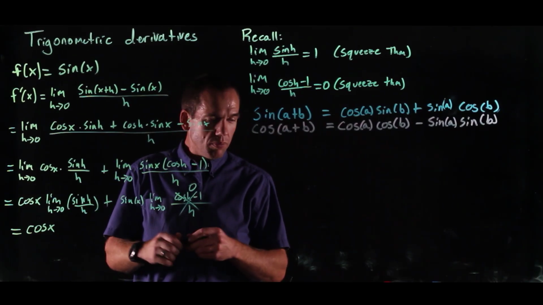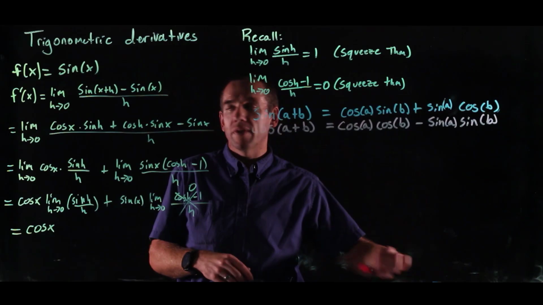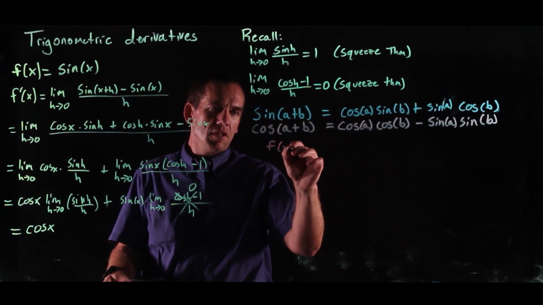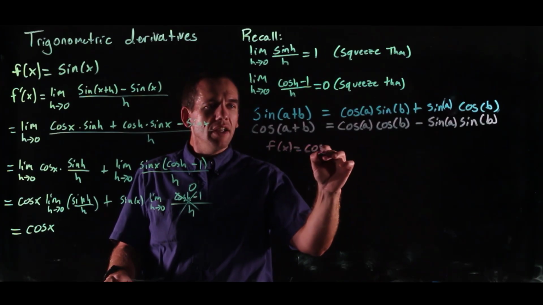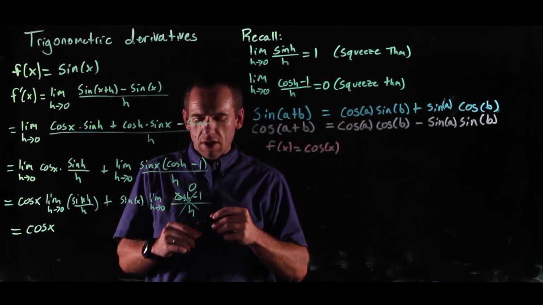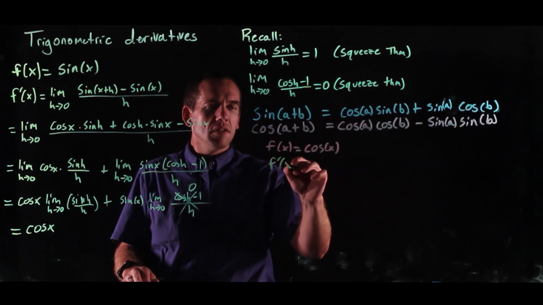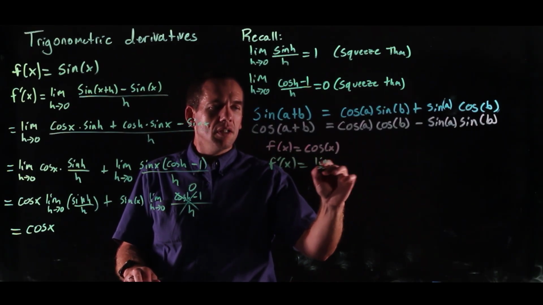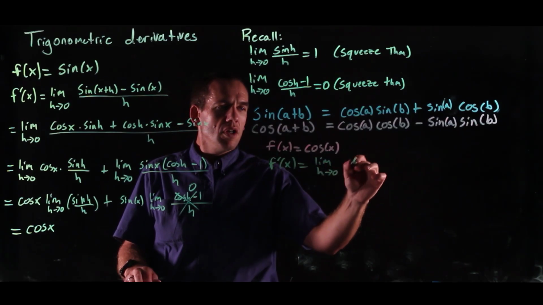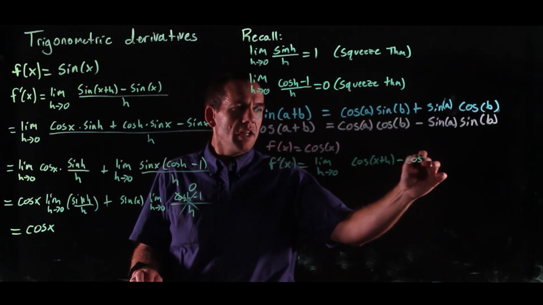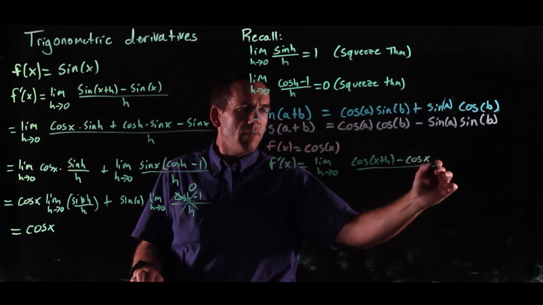We can use a similar process to find the derivative of cosine. So if we have f of x is equal to cosine x, then f prime of x is equal to the limit as h goes to 0 of cosine x plus h minus cosine x all over h.